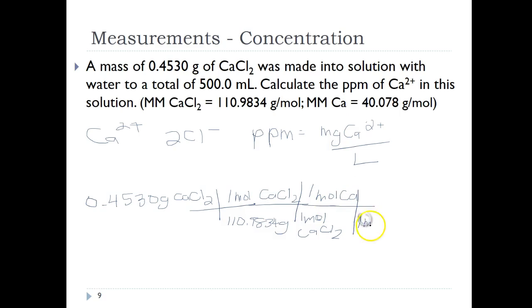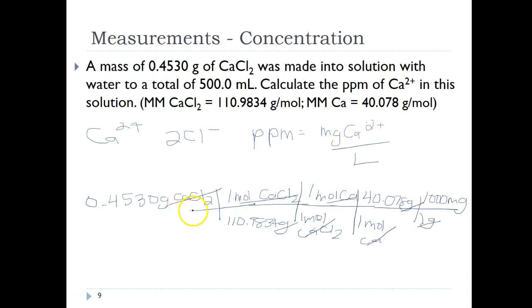So I want to convert that into grams and then eventually milligrams. So the molar mass of calcium is 40.078 grams. 1 gram has 1,000 milligrams. So this would cancel out grams of calcium chloride, grams of calcium chloride, moles of calcium chloride, moles of calcium chloride, moles of calcium, moles of calcium, grams of calcium, grams of calcium. So we have milligrams of calcium on top.